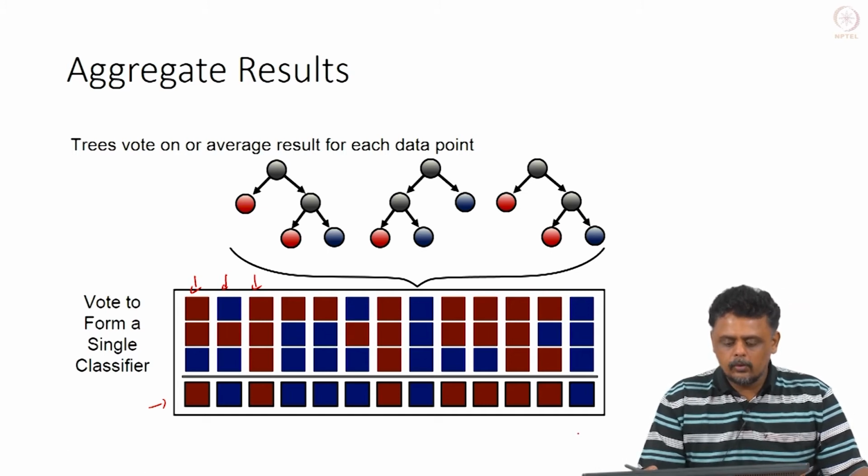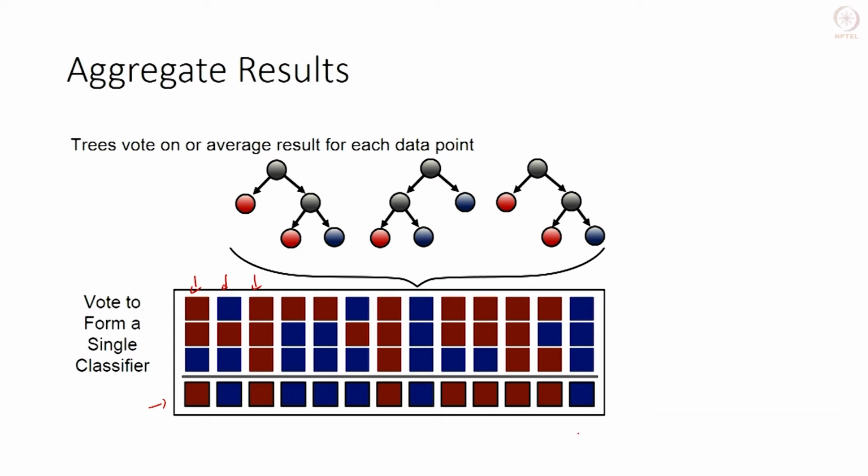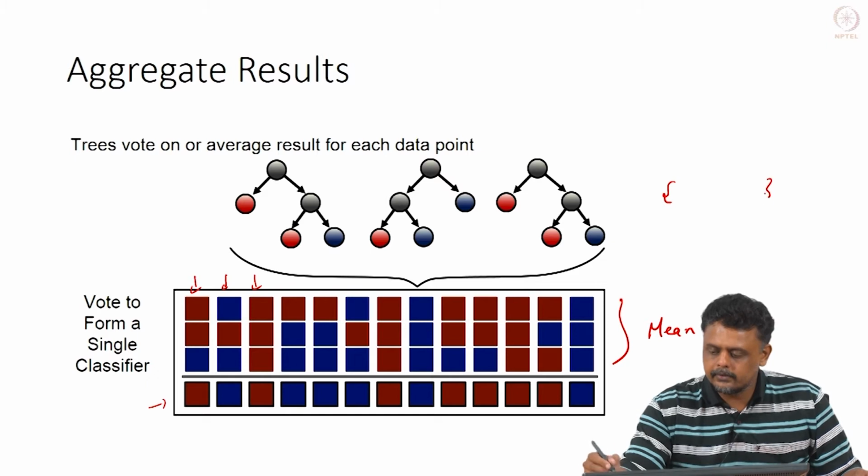There is also regression, wherein you will just take the mean or the average. Okay. So, there are many ways of going about this. If you think of a classification task, then based on the output of the individual decision trees, you can formulate output probabilities.